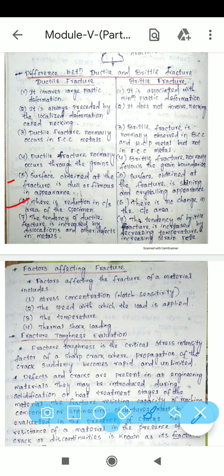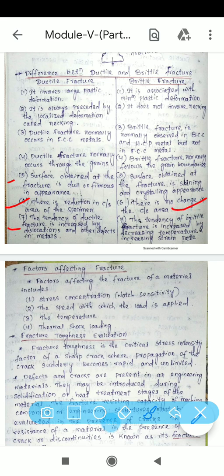Number 6, in ductile fracture there is reduction in cross section area of the specimen, means necking. But in brittle fracture there will be no change in cross section because no necking takes place.